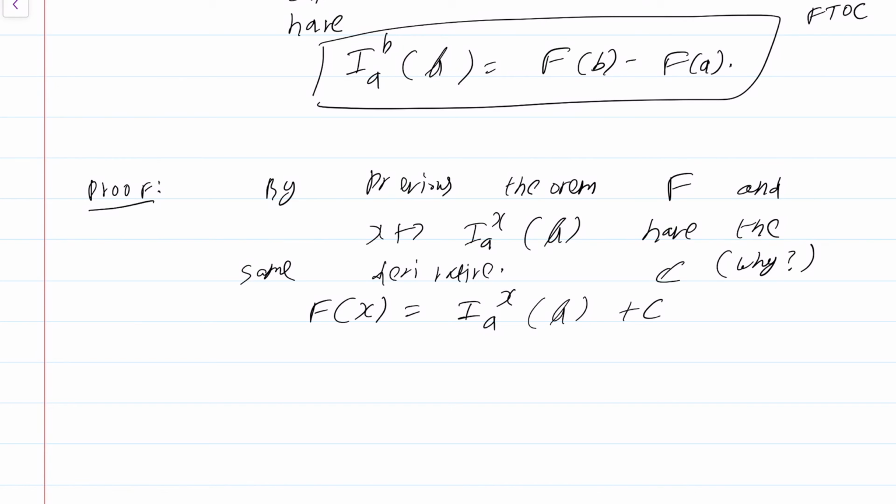Now set x equal to a. You will get F(a) is equal to I_a^a(f) plus c. But I_a^a(f) should be 0. This is by property 1.